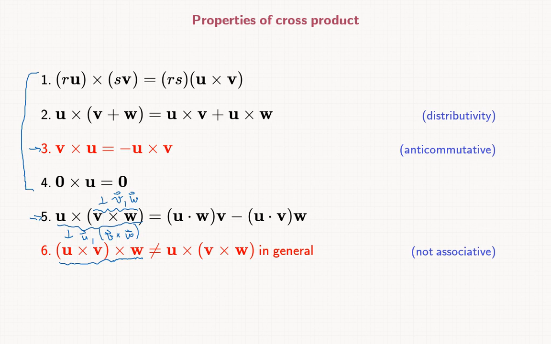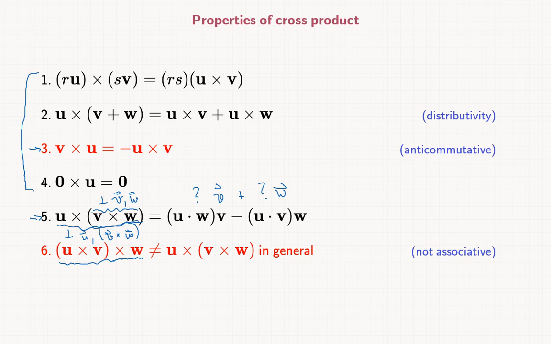But if it's orthogonal to v cross w, which is defined by being orthogonal to the plane spanned by v and w, then that tells us that the answer is going to be something times v plus something else times w. So being orthogonal to this tells us that it's going to have this form, and then we just need to figure out what the question marks are. And then in order to be orthogonal to u, that's what pins down these coefficients.